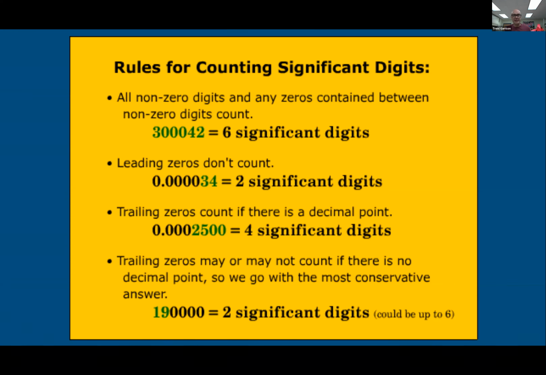The problem is if there is one of the non-counting values, a 0. So if you have a 0 in the middle, in between counting values, you must count those zeros. If there is a real number in front and a real number at the end, and there's zeros in the middle, those are significant. In this example, the 3 is significant, the zeros in the middle are significant, the 4 and the 2 are significant.